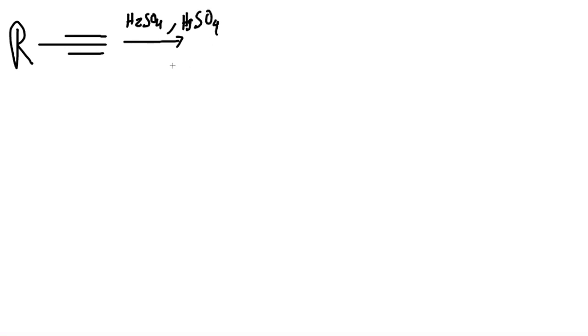Let's try another example, but to draw its mechanism, we always start with the enol portion of it. So, for example, if we had this alkyne, and this is reacting with the same reagent, so this would be H2SO4, comma HgSO4, and it's also reacting with water, right?